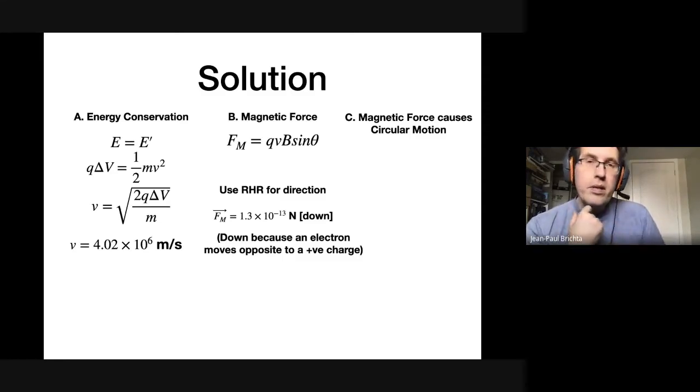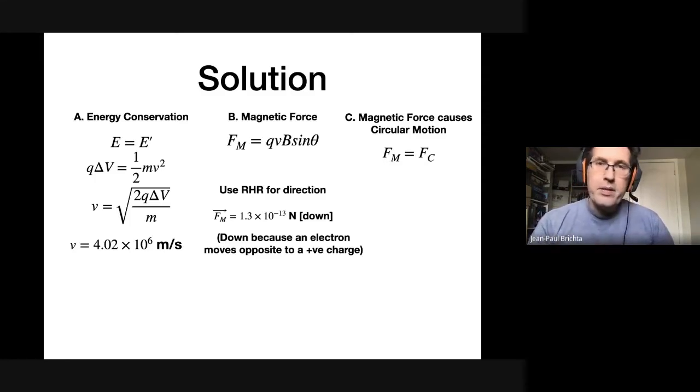So we're going to use Newton's second law, but for circular motion. If we neglect gravity as being very small in this case, which is fair, then the only force that gives us our circular motion is this magnetic force.